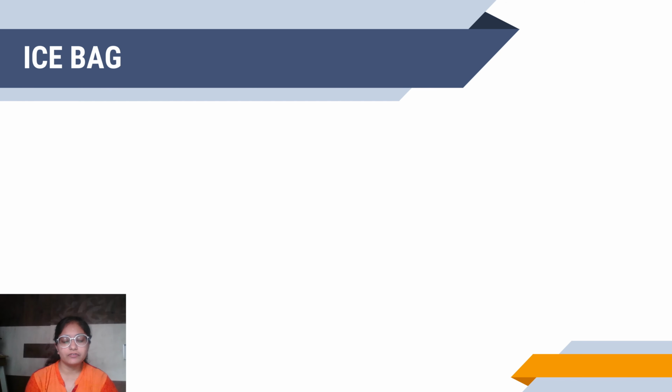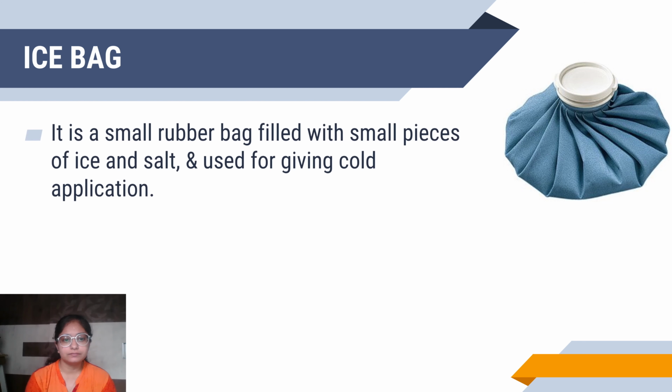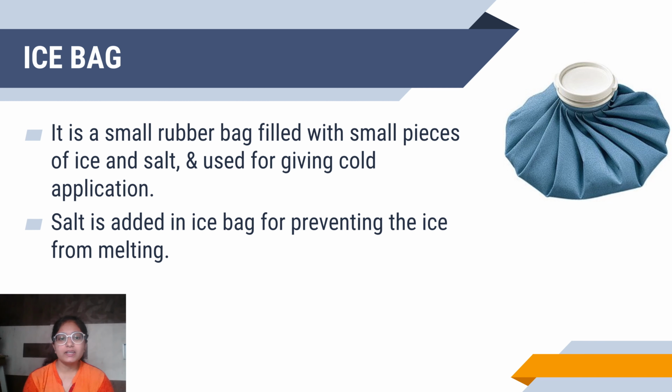Another important comfort device is ice bag. This is the picture of an ice bag. An ice bag is a small rubber bag filled with small pieces of ice along with salt and is mainly used for giving cold application. One important thing to remember while using an ice bag is that salt is added to prevent the ice from melting.